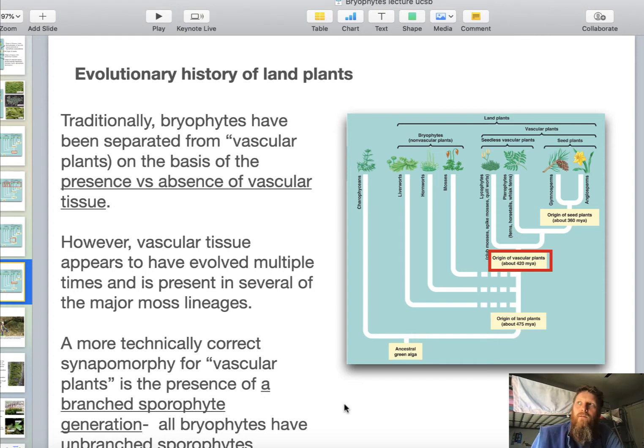If you look out your window at some trees or other plants growing around, you could imagine how important a branched body would be. So that certainly was a key feature and a really good anatomical feature that separates out the bryophytes from what we call, quote unquote, vascular plants.